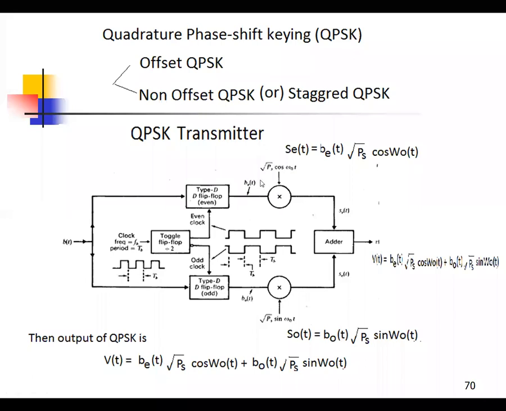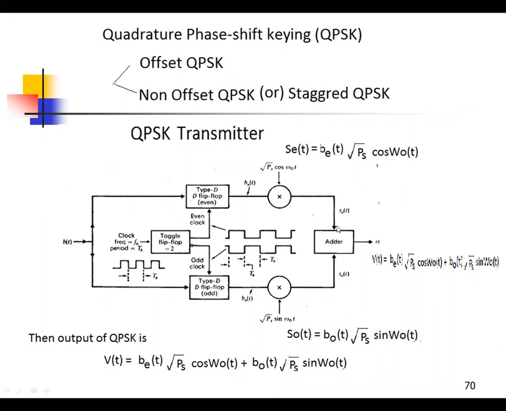These 2 signals are multiplied, which is known as a product multiplier or balanced modulator. The output is s_e(t). See the equation: s_e(t) equals b_e(t) root Ps cos omega naught t.